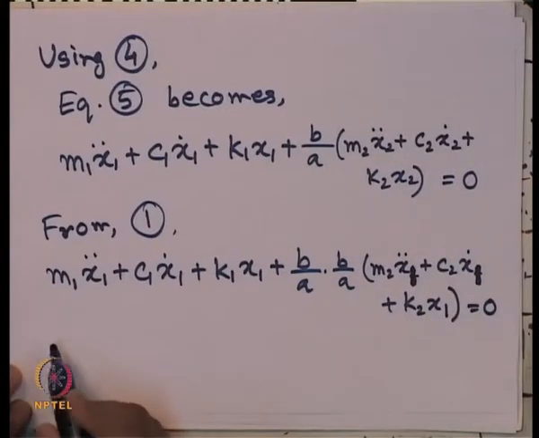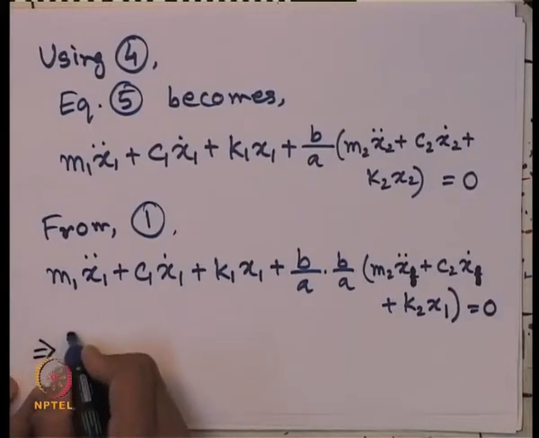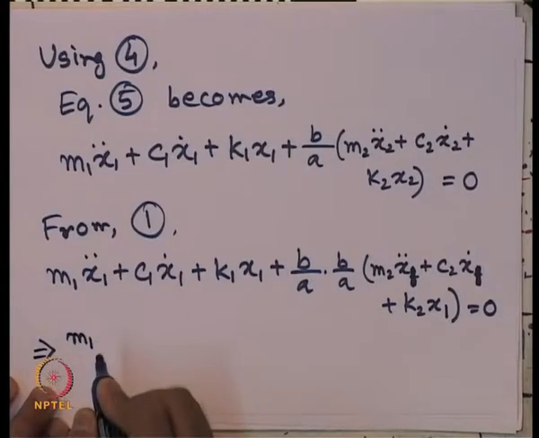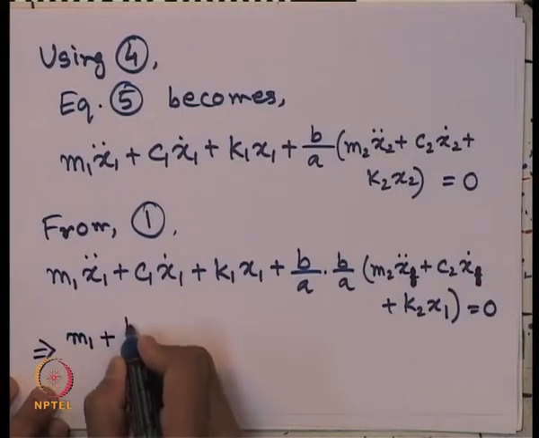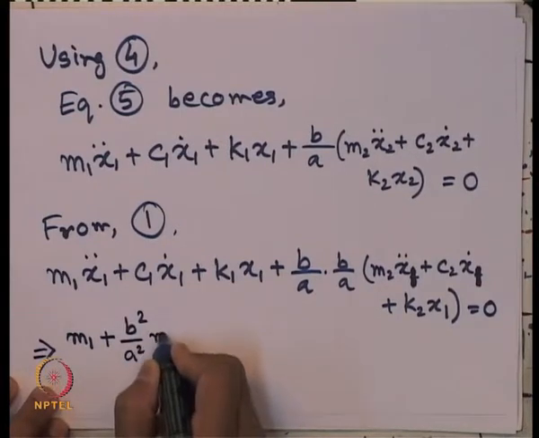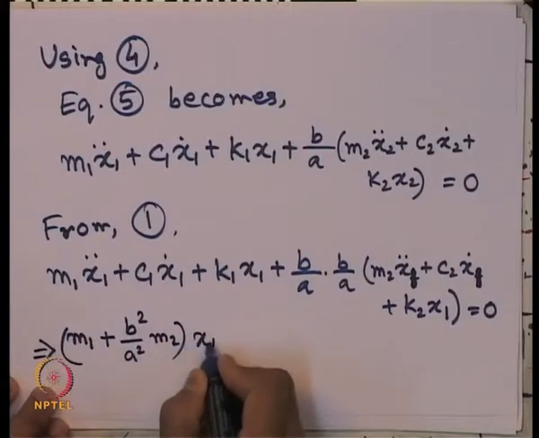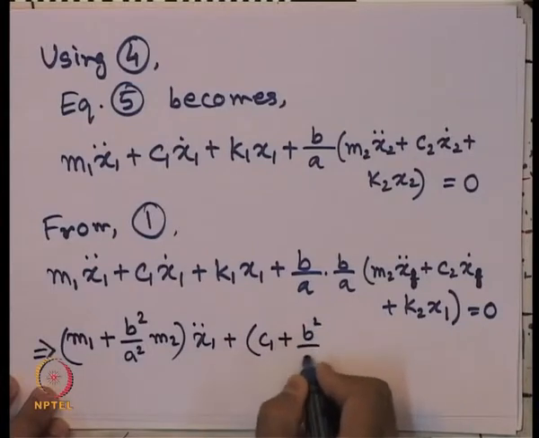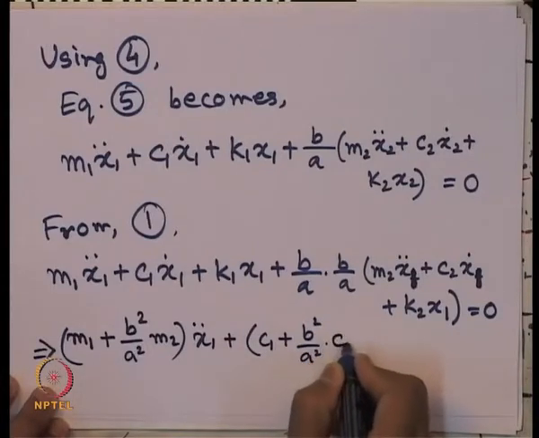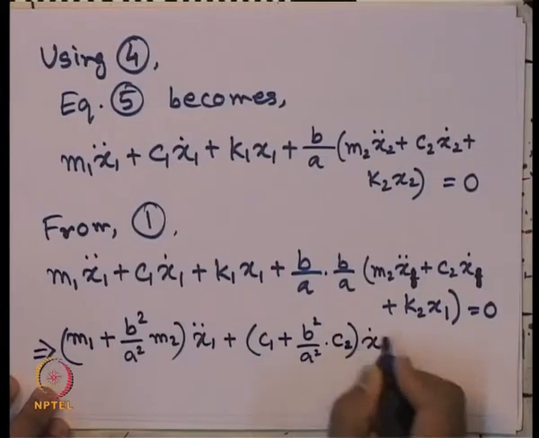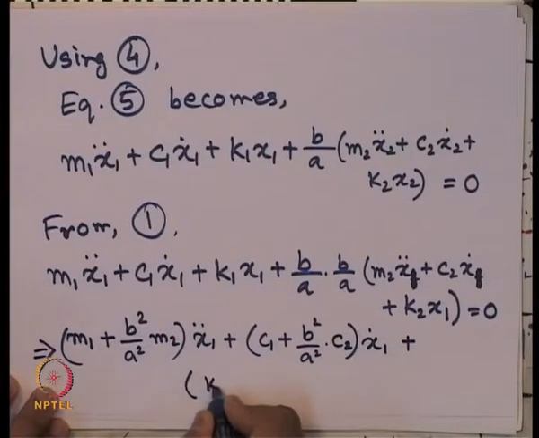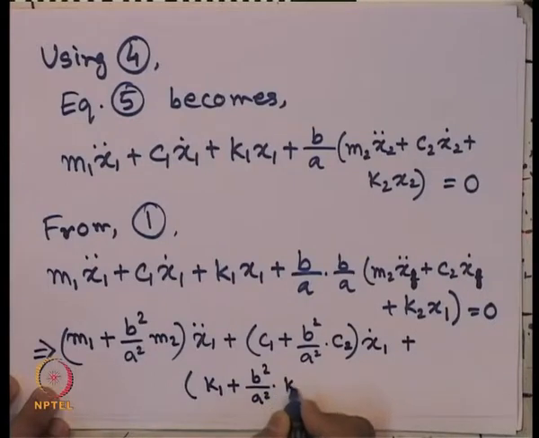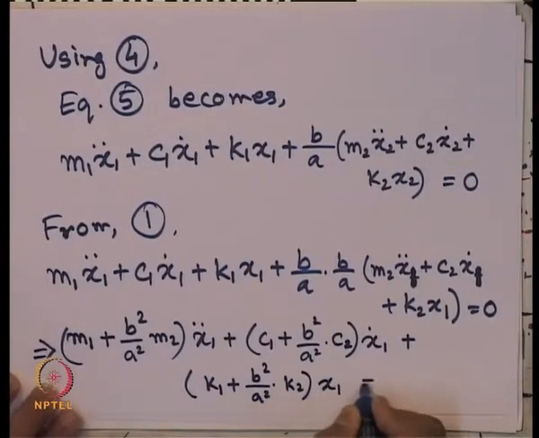Hence, on simplification, this equation we can write as M1 plus b squared by a squared M2 times x1 double dot plus C1 plus b squared by a squared times C2 times x1 dot plus K1 plus b squared by a squared times K2 times x1 equals 0.